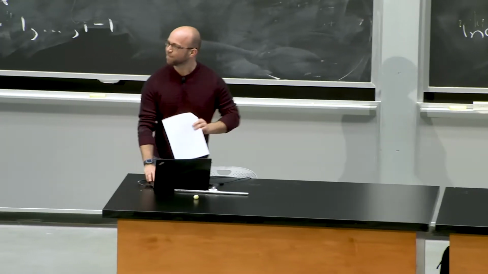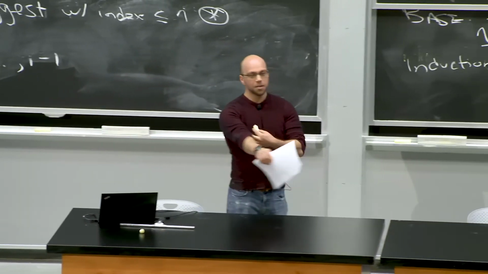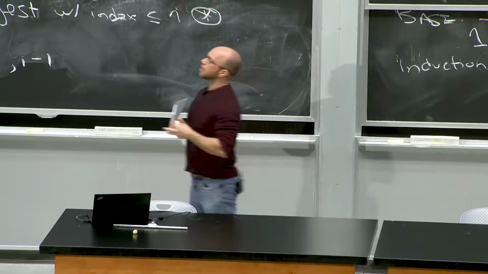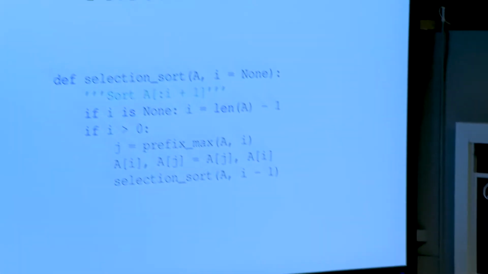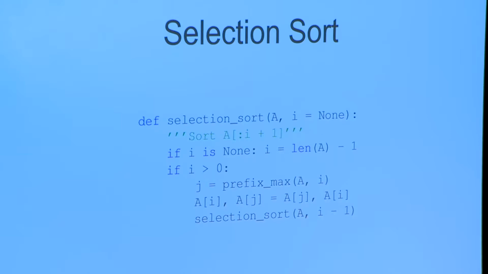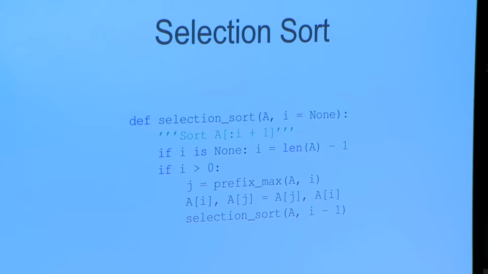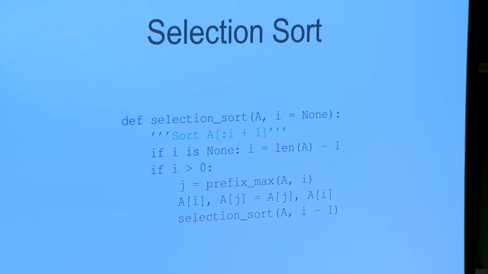Okay, so if we want to implement the selection sort algorithm, we're going to think of i as the index of that red line that I was showing you before. Everything beyond i is already sorted. So in selection sort, the first thing I'm going to do is find the max element between 0 and i, and then swap it into place.